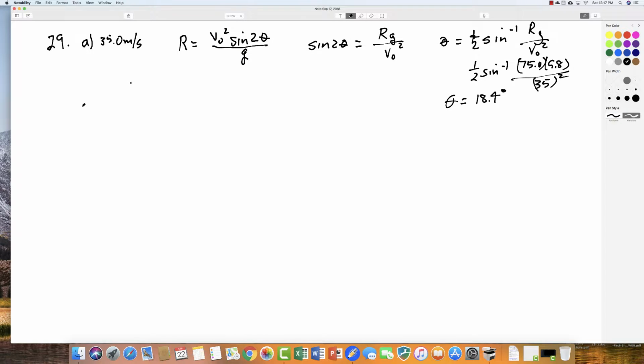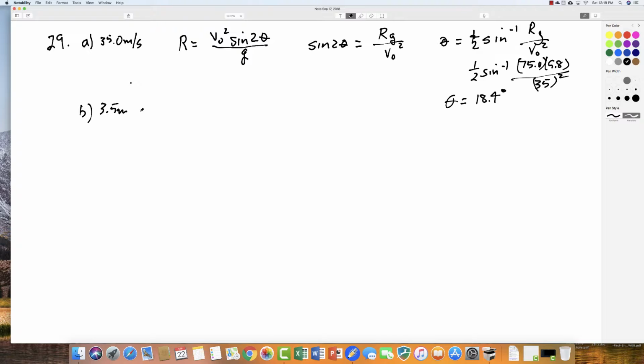So that's part 1. Part 2 asks the question, there's a large branch halfway between the archer and the target, so that would be at the point of the maximum height of the arrow. The branch is 3.5 meters above the release point.